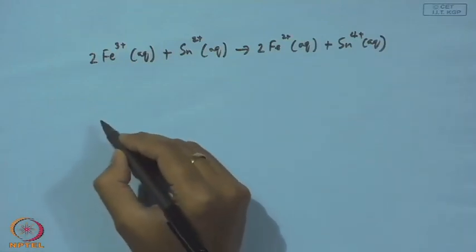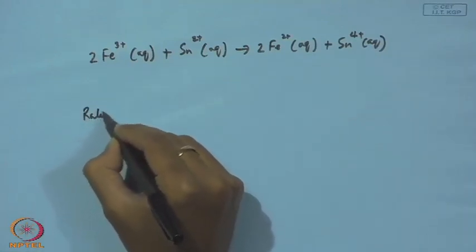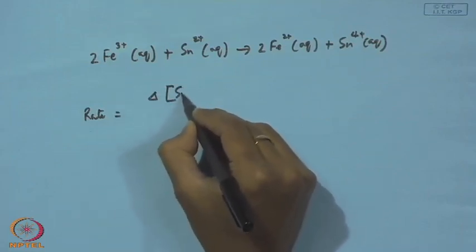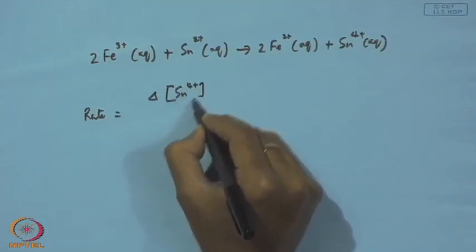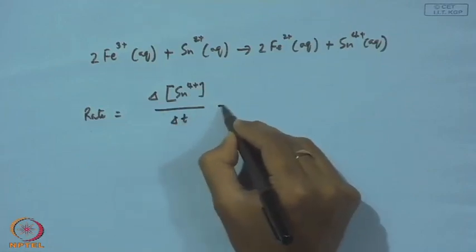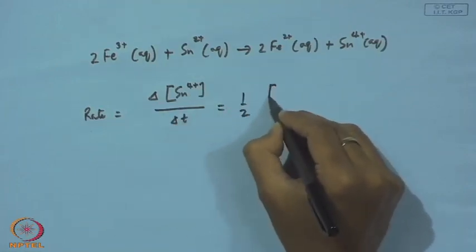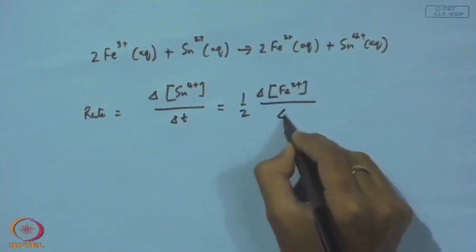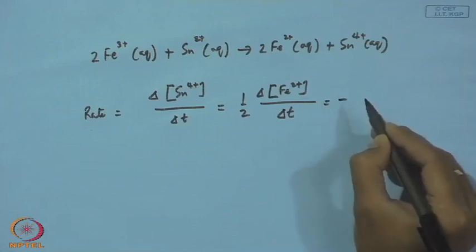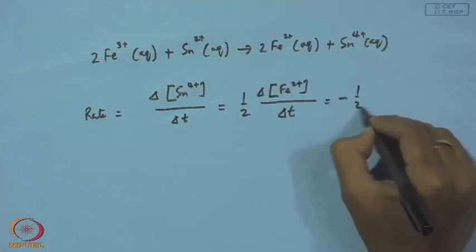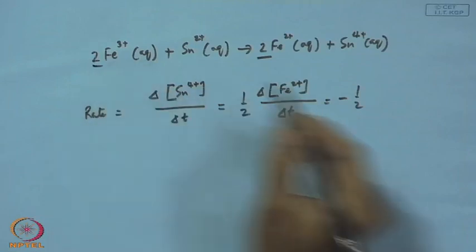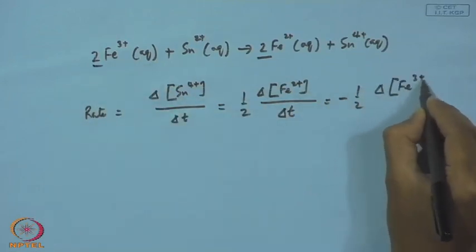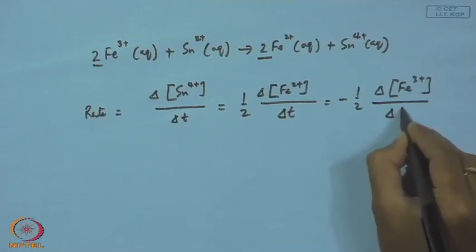Then rate will be equal to delta of concentration of Sn4+ by delta t, which is equal to half delta of concentration of Fe2+ by delta t, which is equal to minus half, because it is 2, this stoichiometric coefficient half, therefore delta of Fe3+ divided by delta of t.